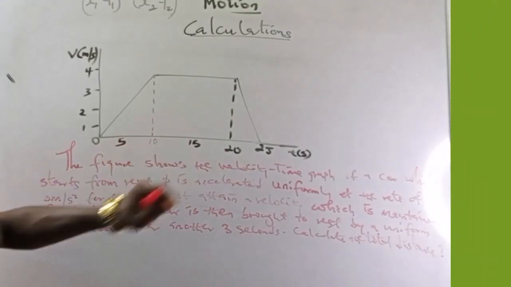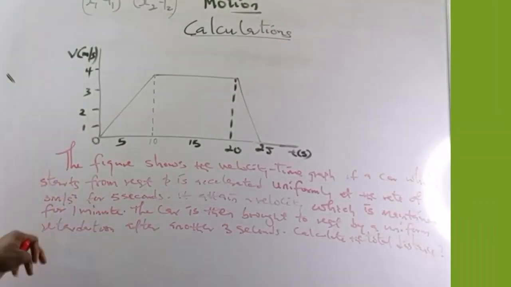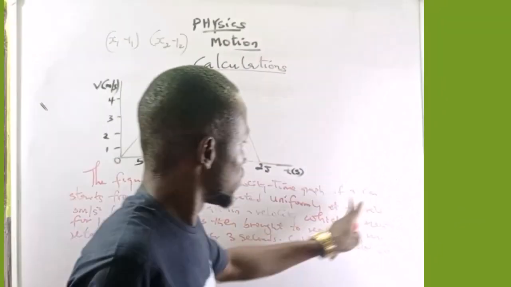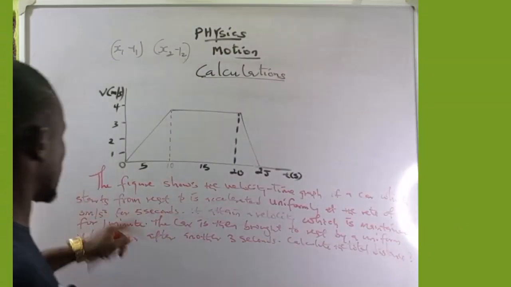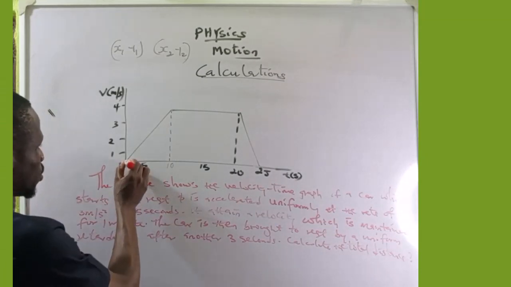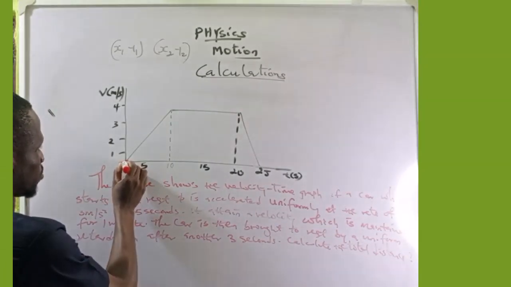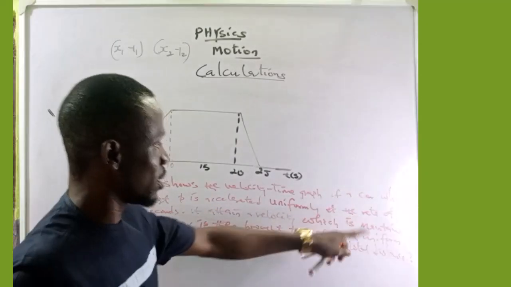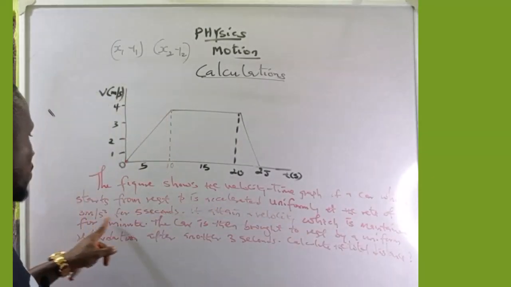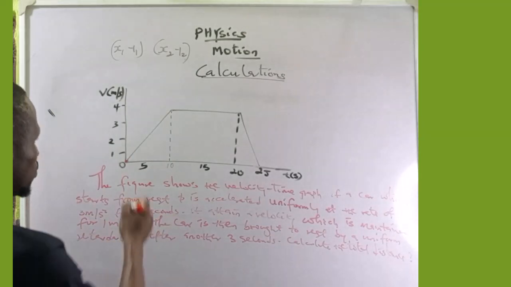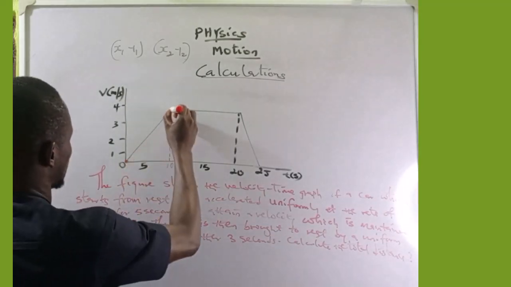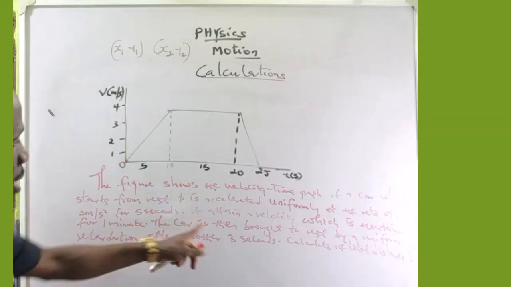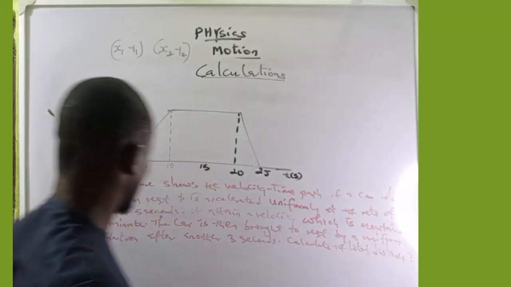So this is a velocity time graph again, right? In the velocity time graph of a car which starts from rest, this car starts from rest because you can see it started from 0, and is accelerated uniformly at the rate of 3 meters per second squared for 5 seconds. This is a uniform acceleration till this place. It attains a velocity which is maintained.